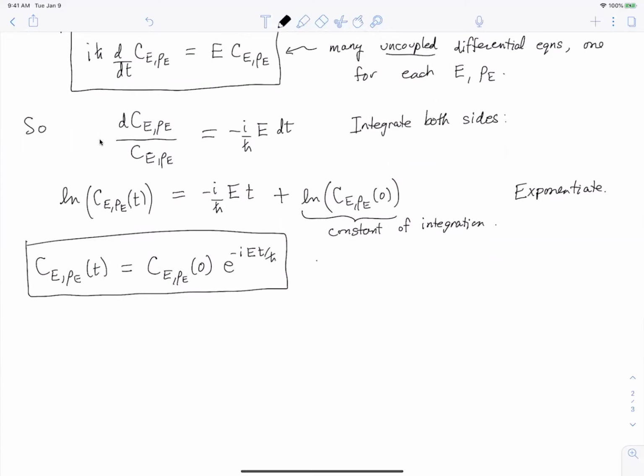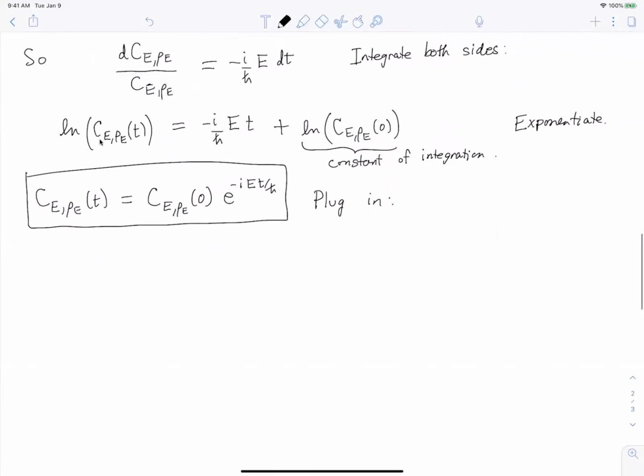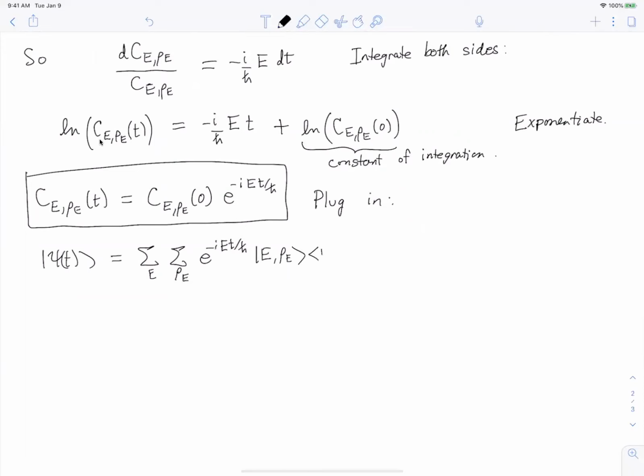And now we can plug it in. And so what we get is that psi of t is equal to the sum over energies, sum over the degeneracy label for each energy, e to the minus i E t over h bar, |E rho sub E⟩⟨E rho sub E| times psi of 0.